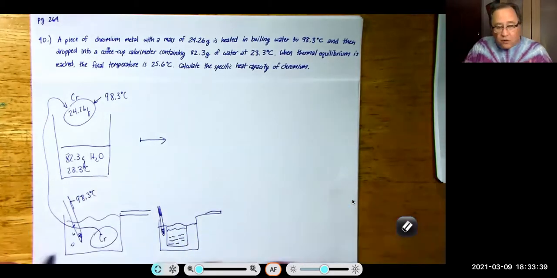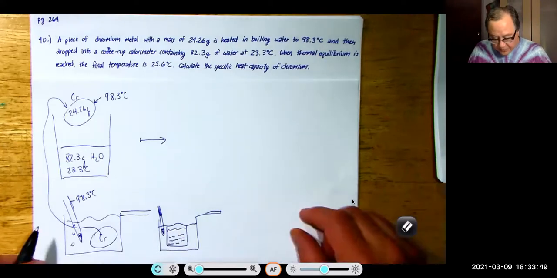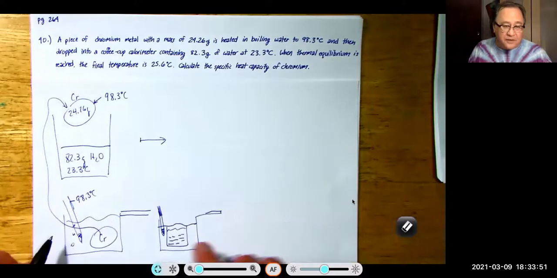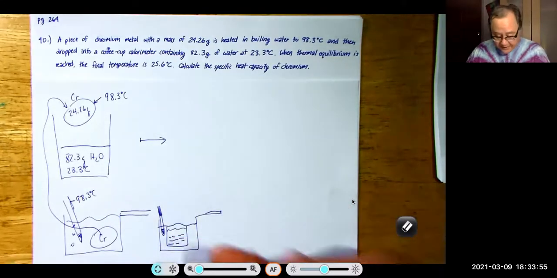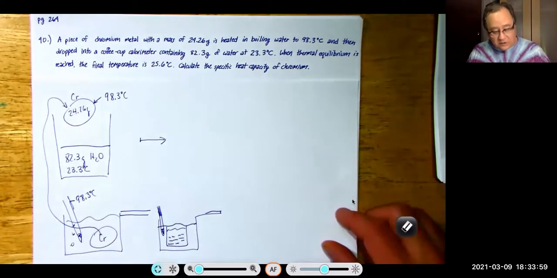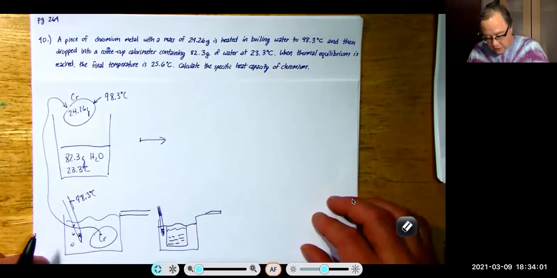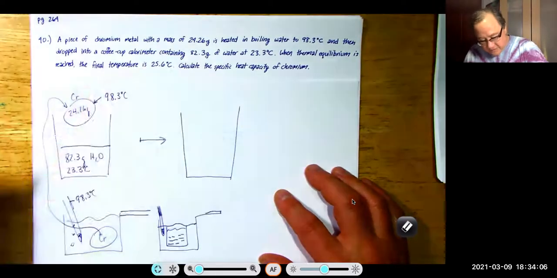You let it sit there for a while to make sure it stays at that temp. You don't touch your thermometer to the bottom of the pan because it's going to be hotter than where the water is. And then once you get to a steady temp, you take out your beaker, pour all the water out very quickly, and then take the pennies and drop them in your water. That could work.